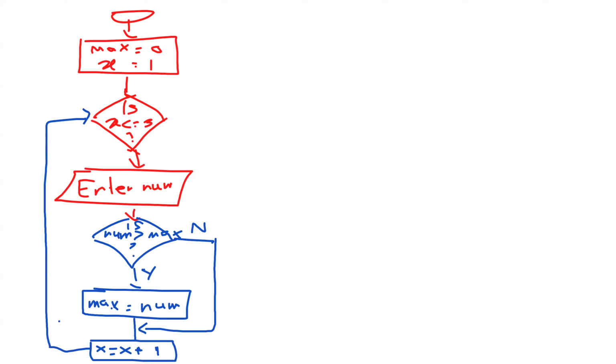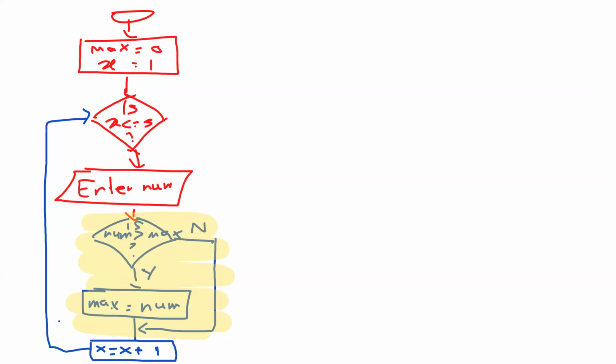What about this segment? Here I have used the if selection part to find whether the currently entered value is greater than max. Then you assign that value into max.